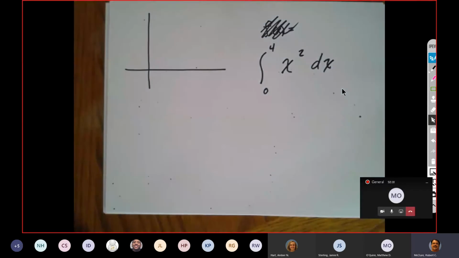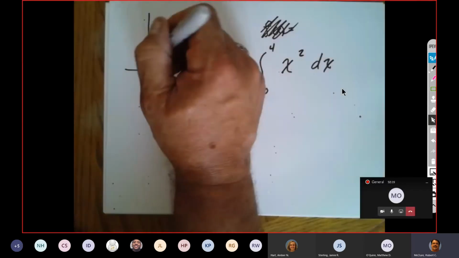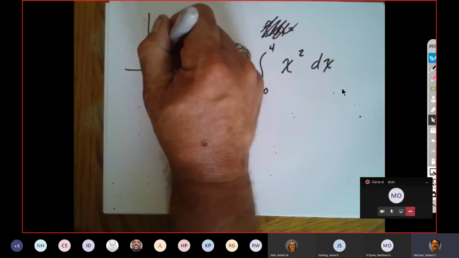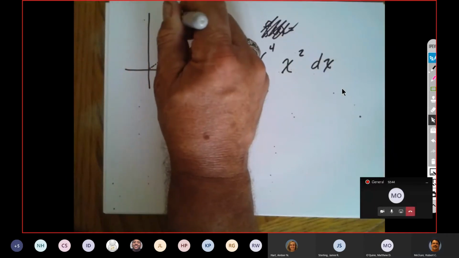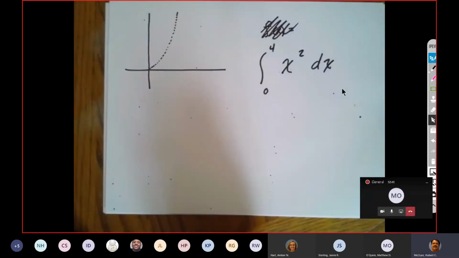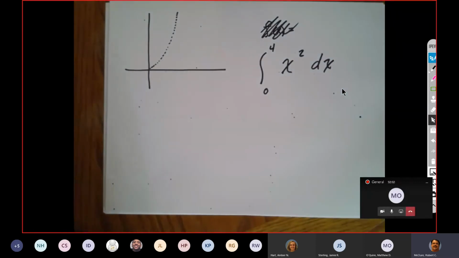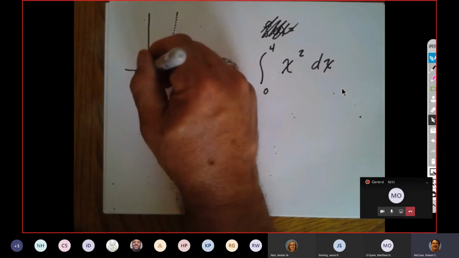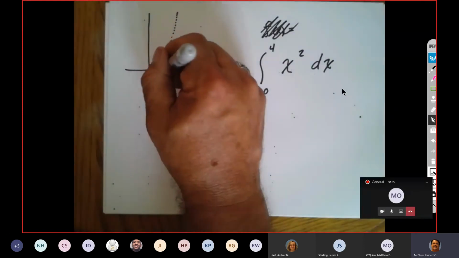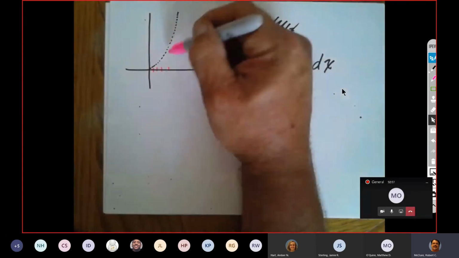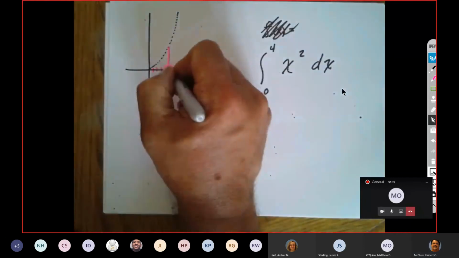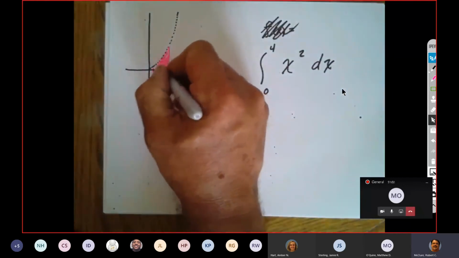Something very simple. We know that the x squared looks what? It's a parabola. And we know that we're going from 0 to 4. So that means 1, 2, 3, 4.